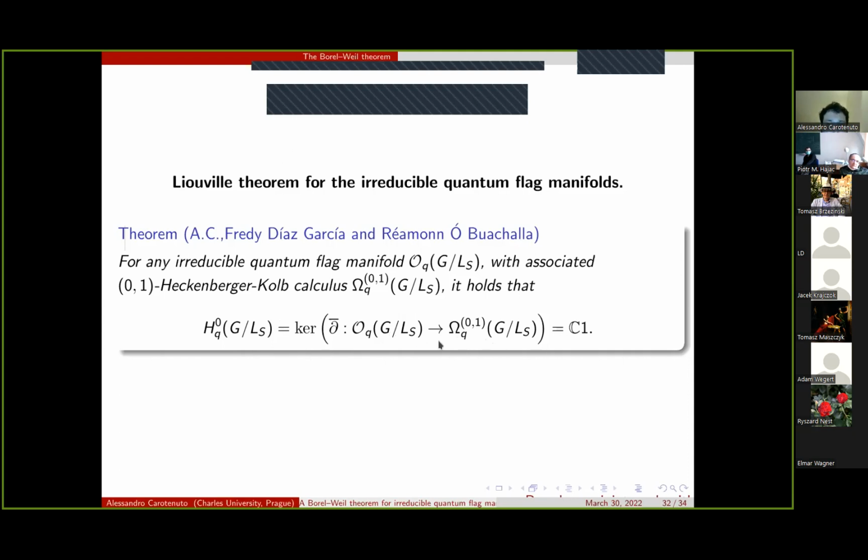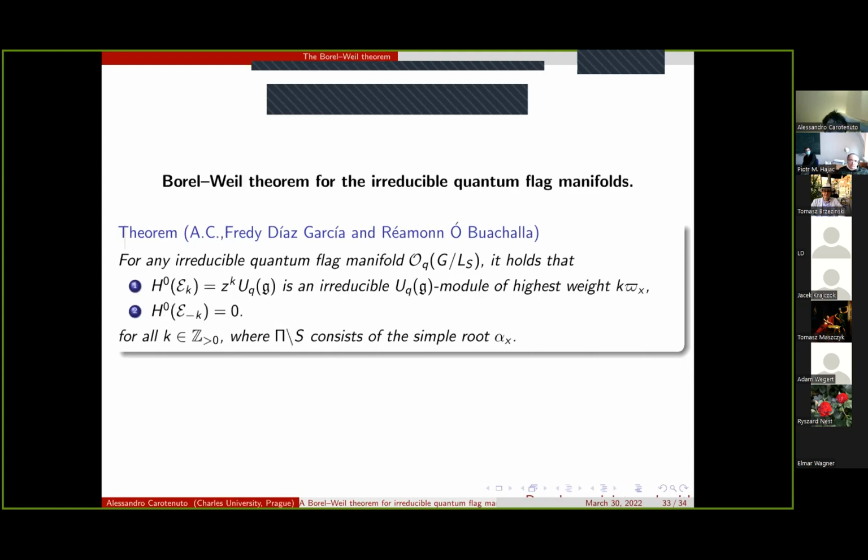And this space turns out to be given just by C. If we state this in the classical context, of course, we see that this is the Liouville theorem, because the only holomorphic sections over a flag manifold are given by constant functions.